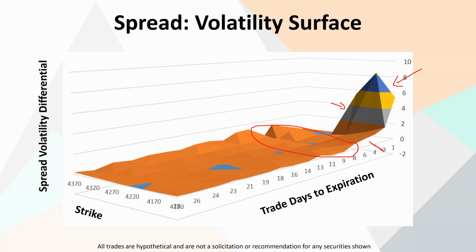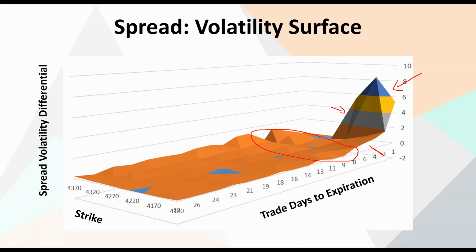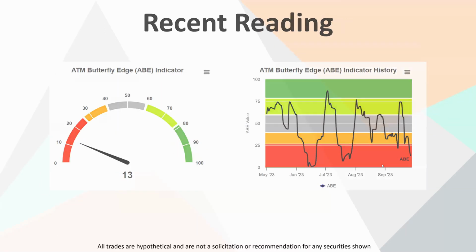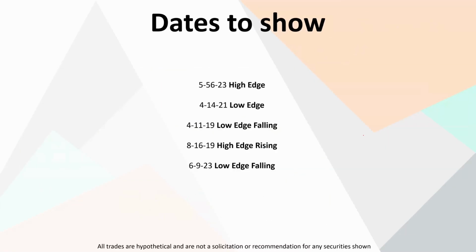All right. If there's some more that comes through, we can definitely hit those up. If not, I'm just going to jump over to a date here. I wanted to show a low and falling edge, like 4/11 of 2019. I'm going to grab two of these and see them through, and maybe I'll go through one more.